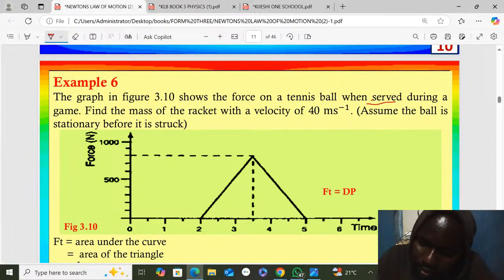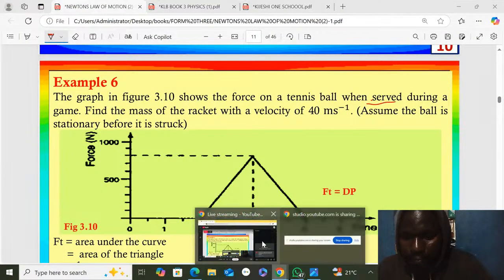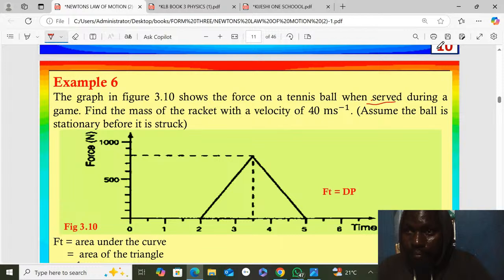Therefore, the impulse will be equal to mv minus mu, whereas Ft is equal to mv minus mu.